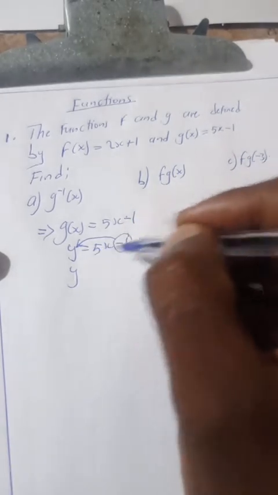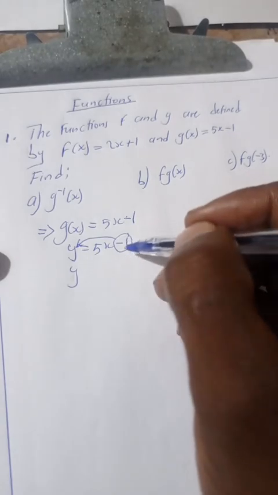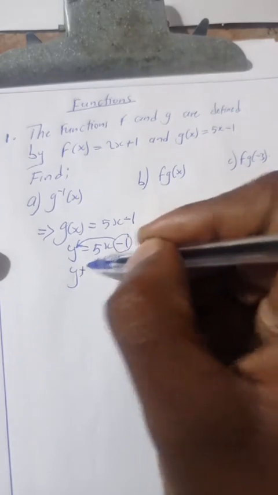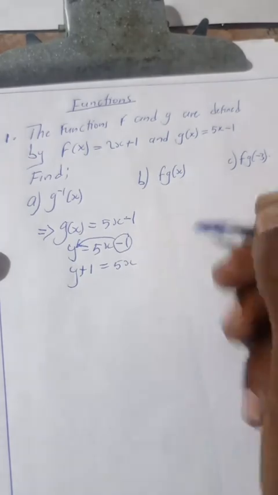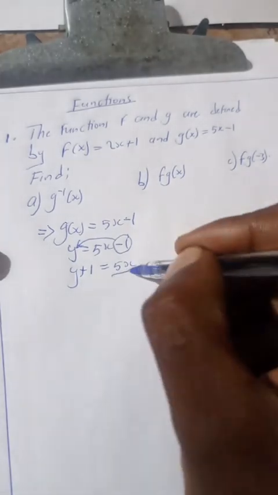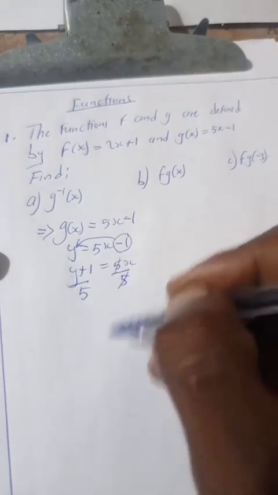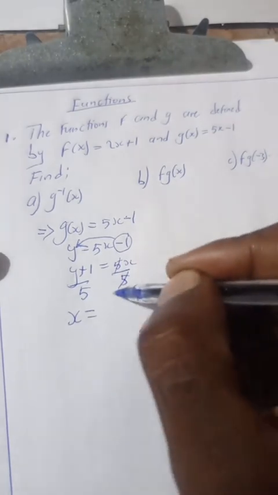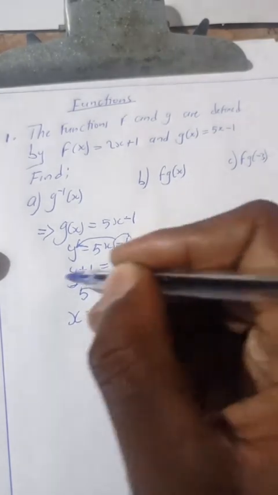Remember here it is negative, so it will change the sign. So we are going to have y plus 1, which is equal to 5x. So we divide both sides by 5. 5 into 5 is 1, 1 times x, we have x is equal to y plus 1 over 5.